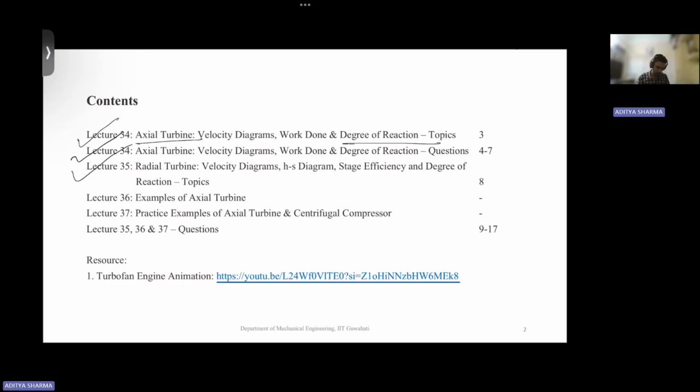Then we shall see topics related to radial turbine, that is lecture number 35. So it's velocity diagrams, HS diagram, stage efficiency, and degree of reaction. These are some of the topics related to the radial turbine that have been discussed in lecture number 35. Then there are two lectures where questions related to these two types of turbines have been discussed.